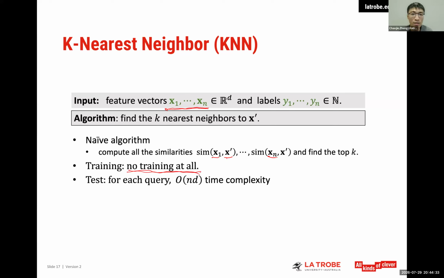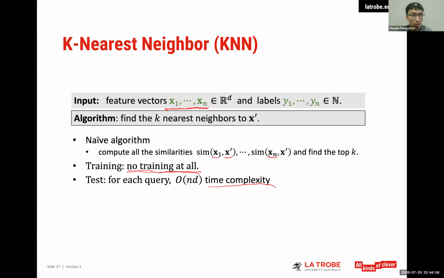So every time a new data point comes in, it will repeat this distance computing process. That suggests a high time complexity. So it will cost much more time than SVM or other classification models.